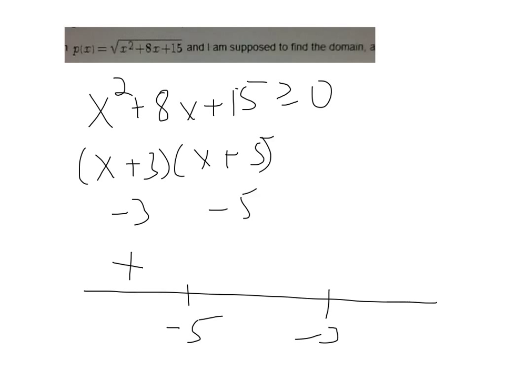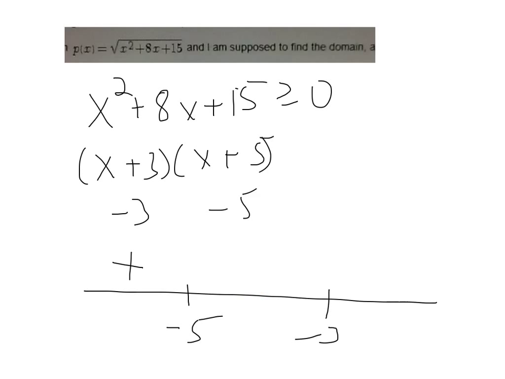Then I'm going to pick a number in this range. Okay. And I can do, say, I don't know, -4. If I do -4, well, everything in that range, if I take -4 and substitute in here, again, let's see what's happening. So I guess I've got to think about this one.